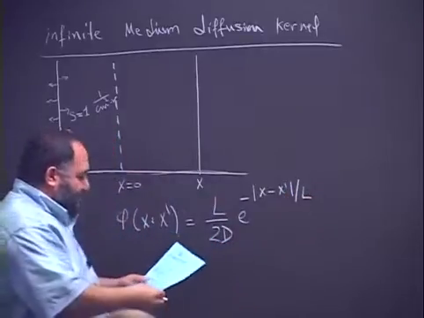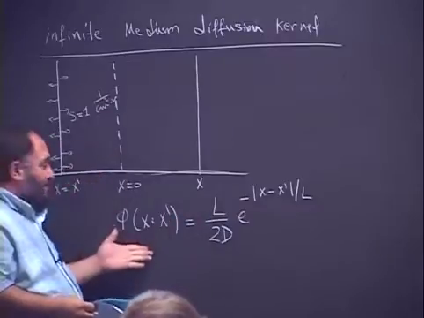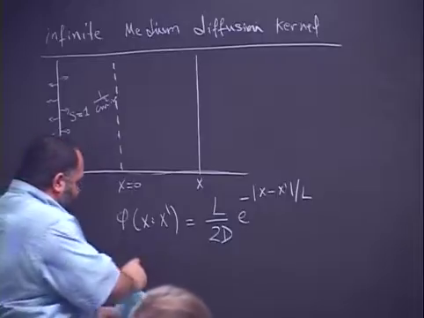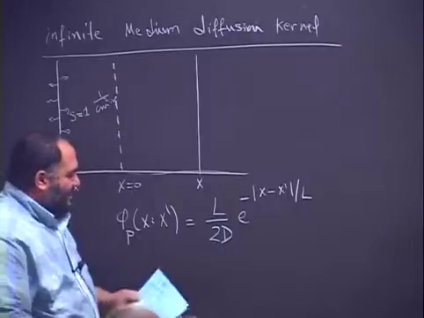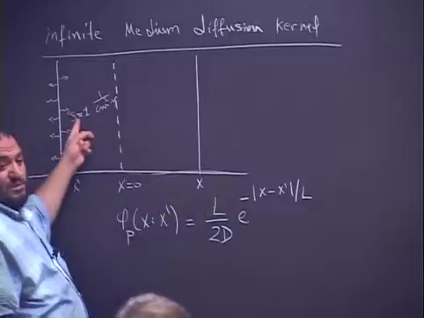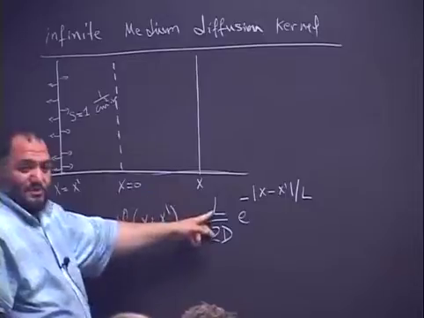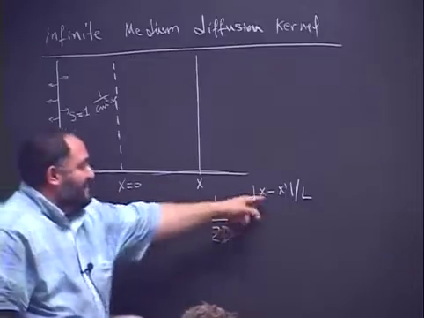The only difference between this case and the last time, when we derived the equation for a plane source, is that we had S naught here. But because we are using S naught equal to 1, this will be 1 multiplied by this and x minus x prime.